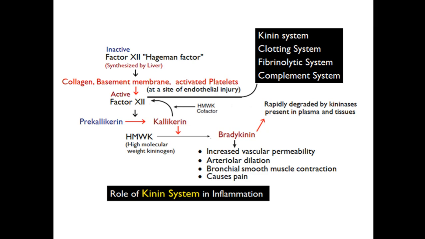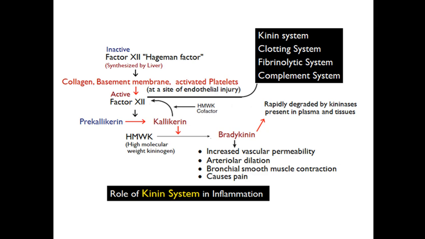In the intrinsic pathway, when this inactive Hageman factor, or factor 12, touches the collagen basement membrane, or comes in contact with the activated platelets at the site of endothelial injury, inflammation, or injury, it becomes activated.